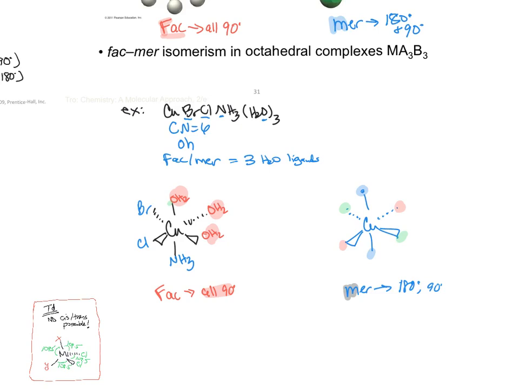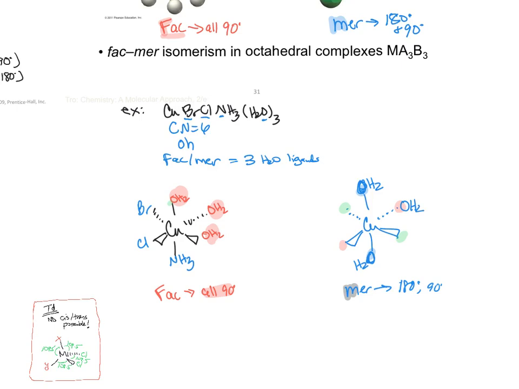I typically start with my 180 with the bonds within the plane because that's just the easiest for me to see. So I'm going to do OH2, H2O, again emphasizing that O is the donor atom, really important. And then the last water can go in any of the other positions because they're all equivalent. They're all within that square plane, that center plane of this octahedral structure. So I'm going to go ahead and put it right there, OH2.